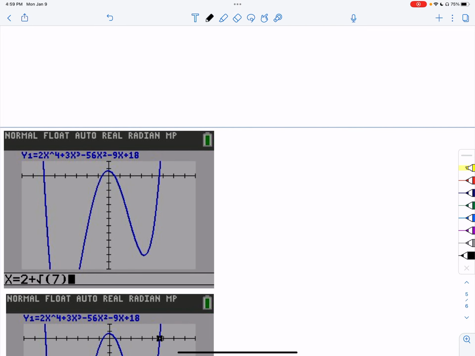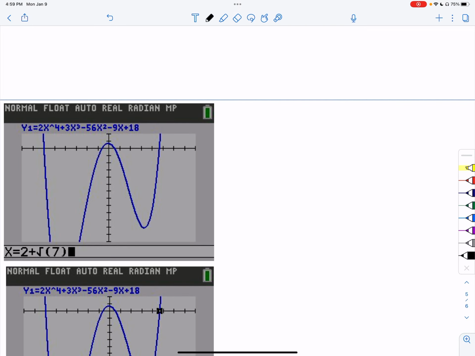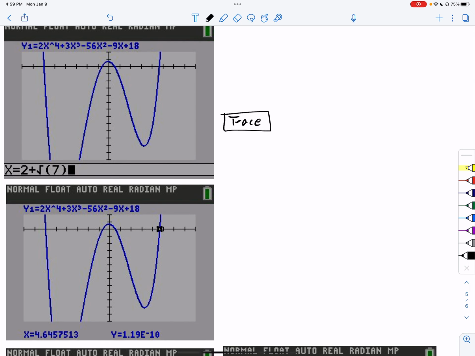So if you're back in your grapher and you're hitting the trace button, okay, just below the screen there, the trace button, and then type it in just how you have it, 2 plus radical 7. What that'll give you is an exact trace to that x value where it's crossing the x-axis.